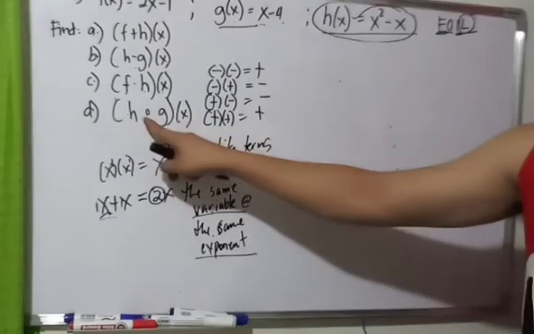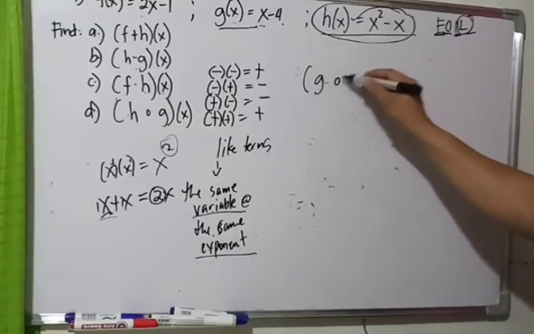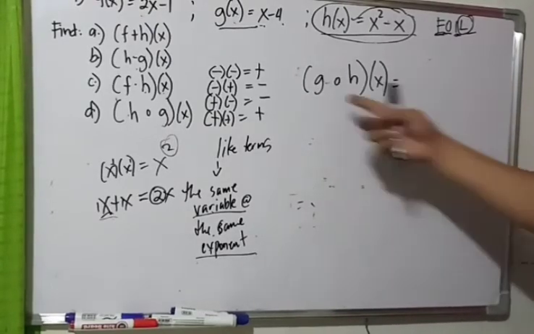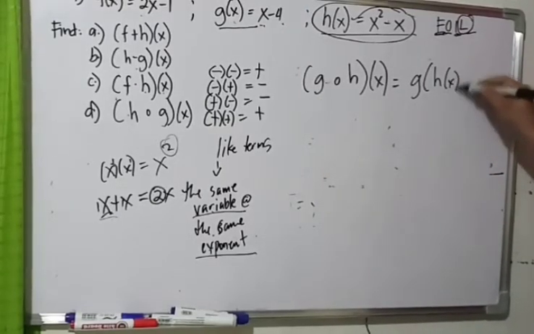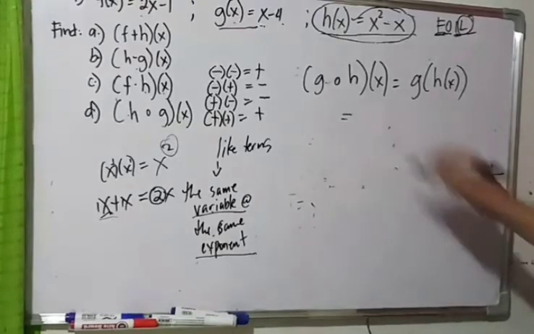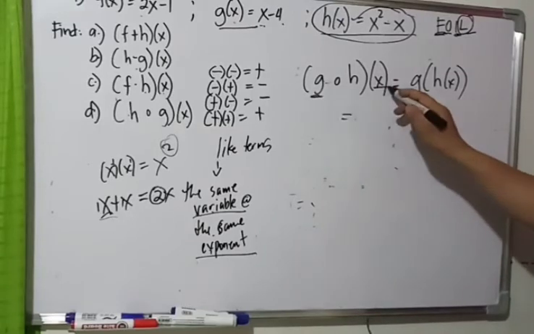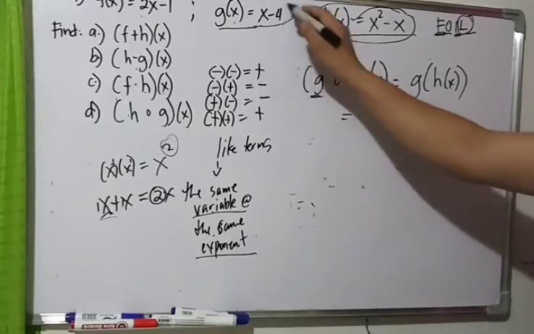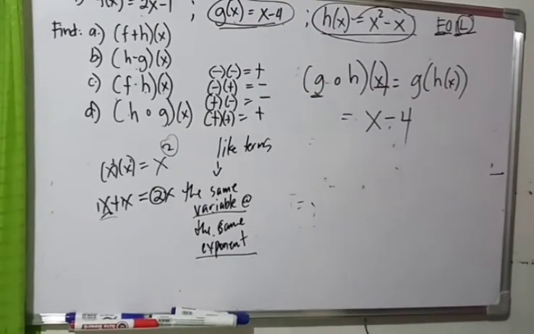Kanina, H composed of G. How about this one? G composed of H of X. Okay, pag ito, so that is G of H of X. Again, tingnan natin yung first dito, G of X. Ano ba yung value ng G of X natin? So that is X minus 4.